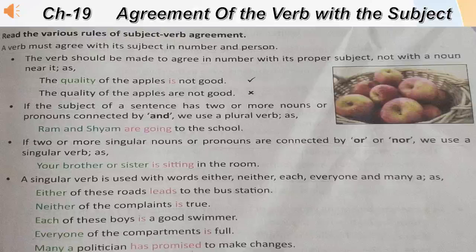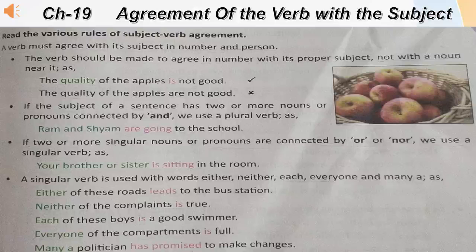Here nouns Ram, Shyam are connected by and, so we have used here the verb are, which is plural. One more example is Ajit and I are great friends. Here noun Ajit and pronoun I are connected with and, so that's why we have used the verb are, which is plural.